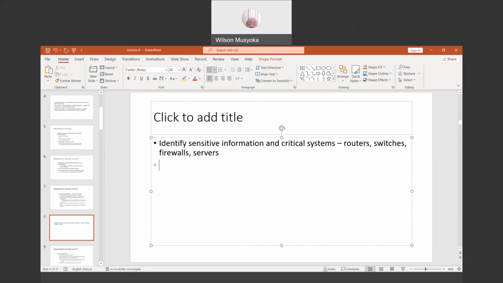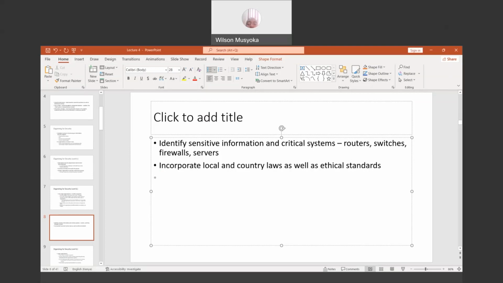Then you need to incorporate local and country laws as well as ethical standards.